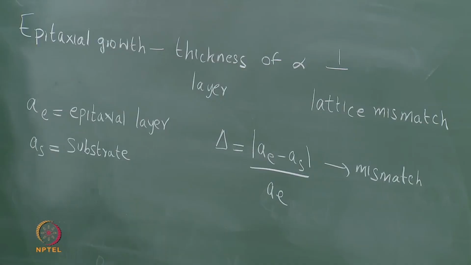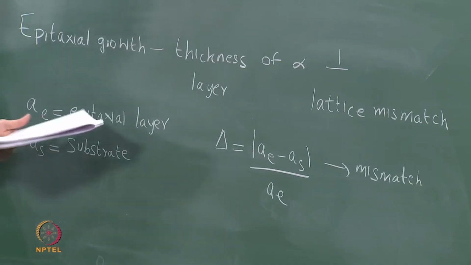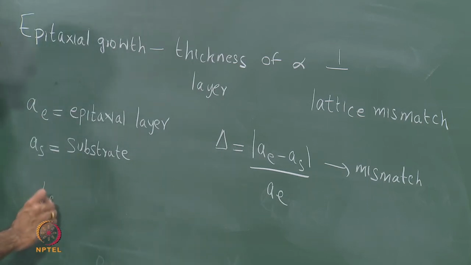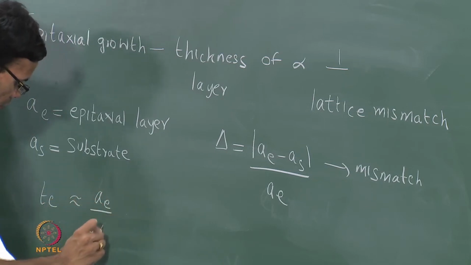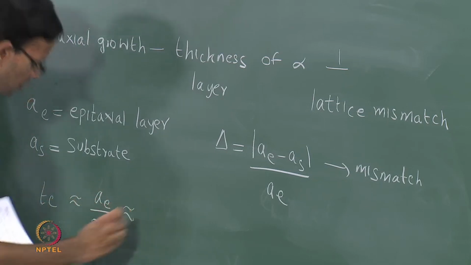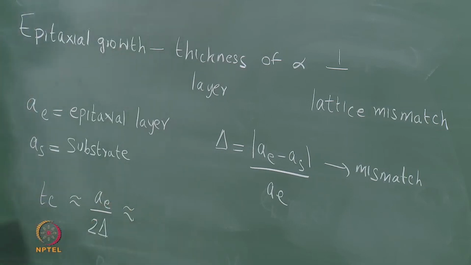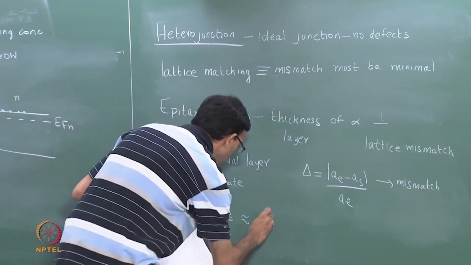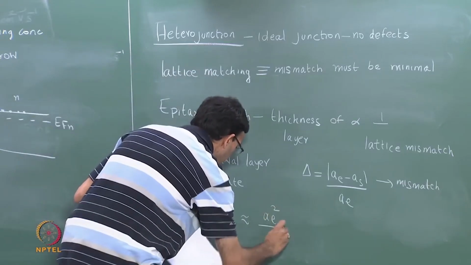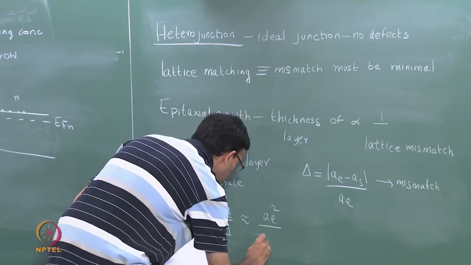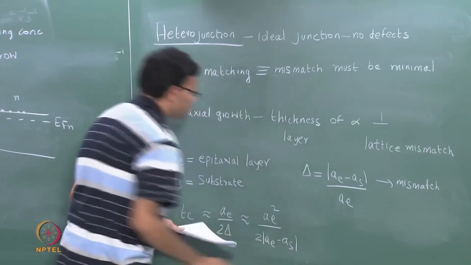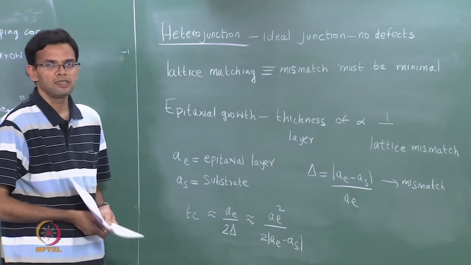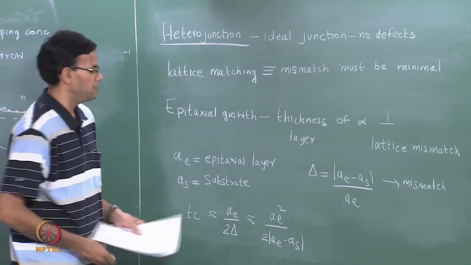So, the thickness of the epitaxial layer that you can grow, Tc, is proportional to AE over 2 delta. So, this is an approximate expression. So, this is equal to AE square over 2 times AE minus AS.